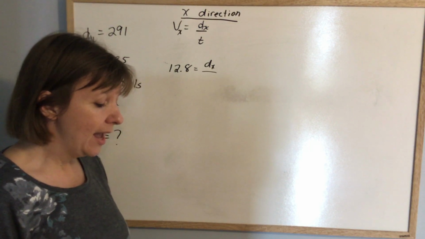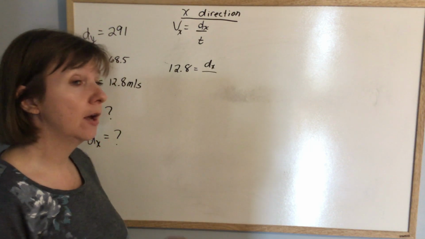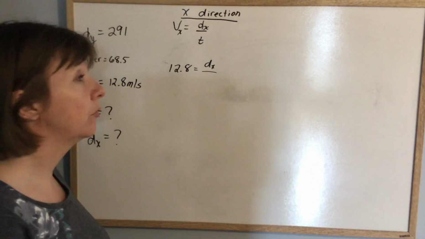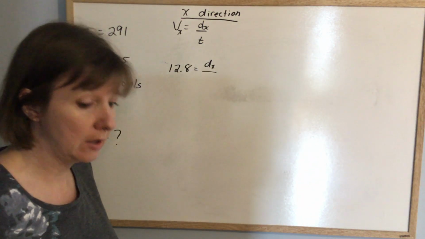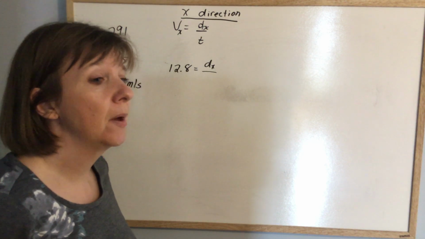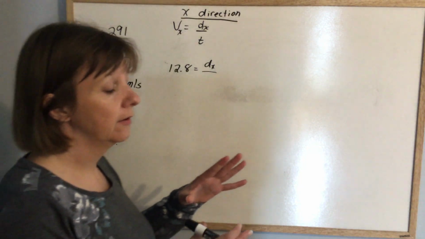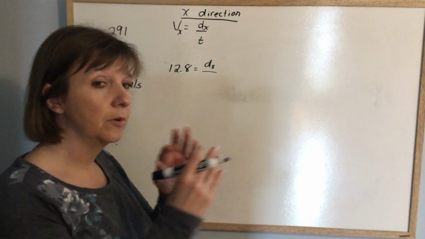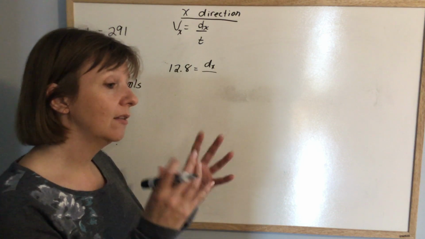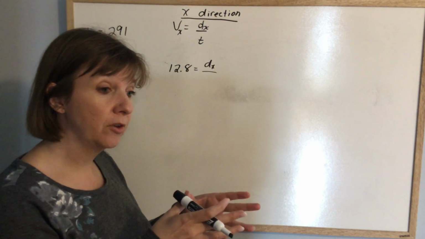It is. And I have no way of figuring out the time horizontally because this is really about the only formula I have horizontally. So I can't figure out the time horizontally. But remember that I said that the link between horizontal and vertical is time, because it's in the air the same amount of time, right?